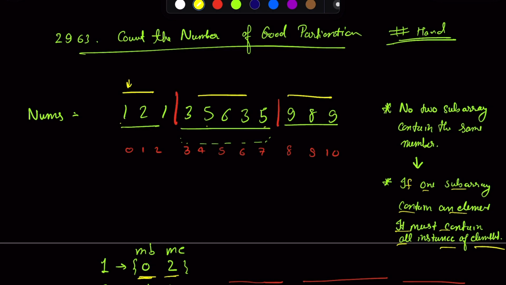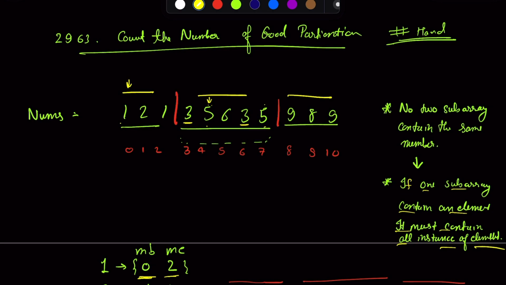For one, there are two instances in this array, and all of that is included in this subarray. Similarly, if we include 3 in this subarray, it will contain this 3 also. But if we include this 3, this 5 is also in the subarray, and 5 has another instance in the whole array, that is here. So this should also be included in this whole subarray.